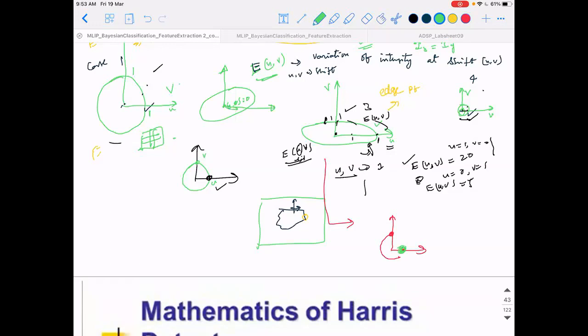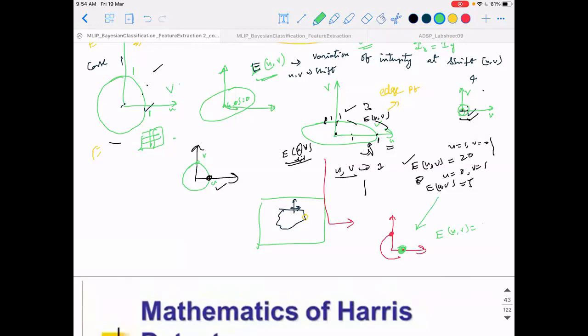This is the case where I have said E(U, V) is equal to, say, 20 for U equal to 1 and V equal to 0, and it is equal to 5 for U equal to 0 and V equal to 1. So in this case, there is a high variation in X direction.